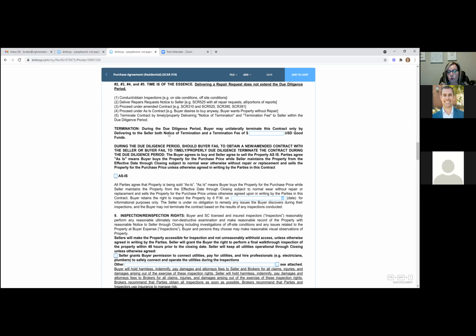So if it's zero, this is the only thing that buyer has to do. This is the reason why a lot of sellers don't like due diligence in the repair section, because the buyer can just walk away.